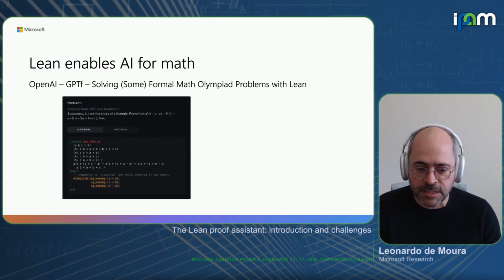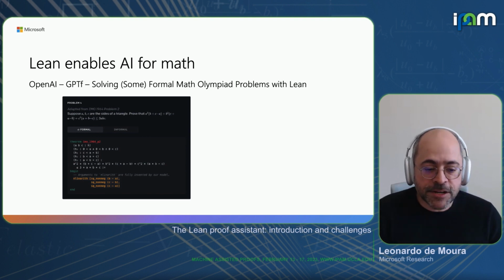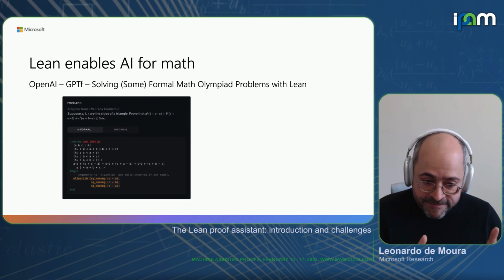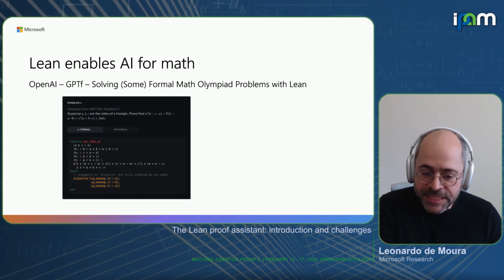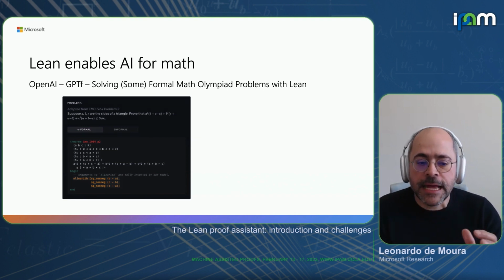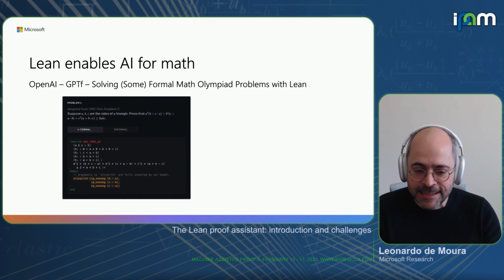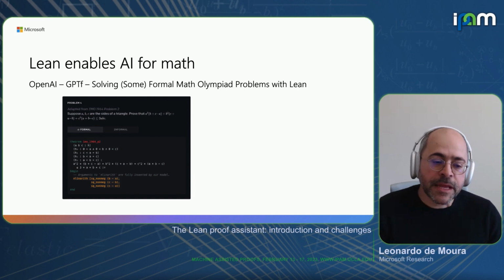It's a monster. But here it created the proof, and more importantly, it invented the terms that were necessary to prove this theorem. The magical step is there. It invented the magical terms, B minus A, C minus B, C minus A. It's like the AI here is doing the magical step.